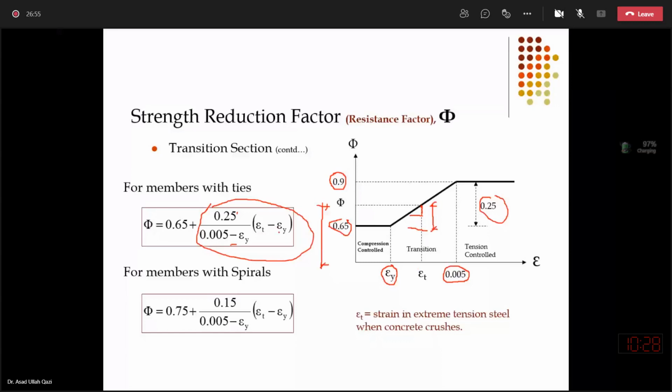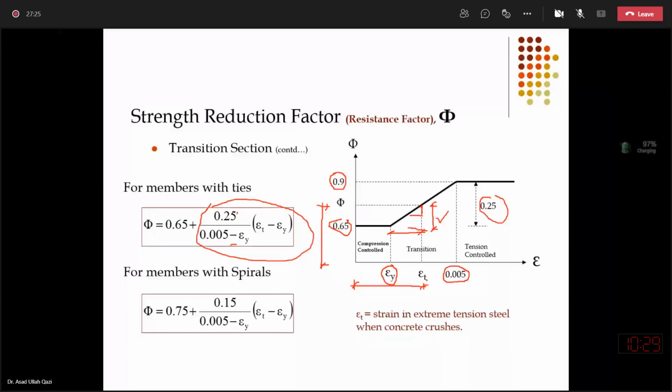As I have given you an example, suppose the steel strain is 0.003. So that 0.003 will be with respect to this up to this. But since I want to get the distance from this up to this to get this height, I will subtract epsilon y from epsilon s, which is given notation here as epsilon with subscript t.